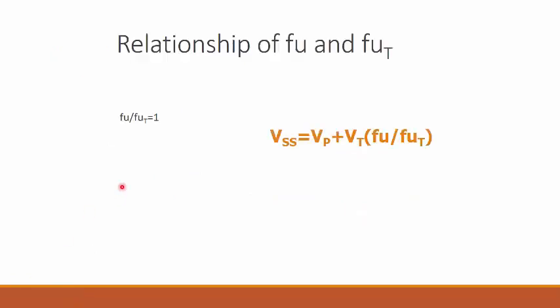Okay, so here's another example. If your fraction unbound in plasma over fraction unbound in tissue is equal to 1, that means they are equal: it's as highly bound in the tissues as it is in the plasma proteins. So this will fall out. This will become 1, and your Vss will be equal to your plasma volume plus your tissue volume.